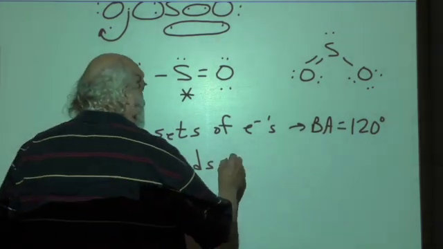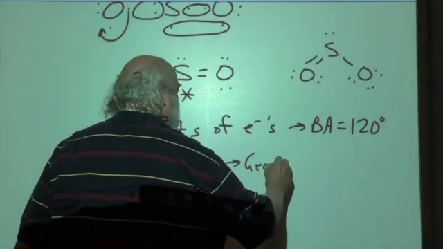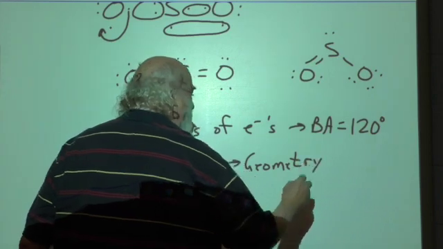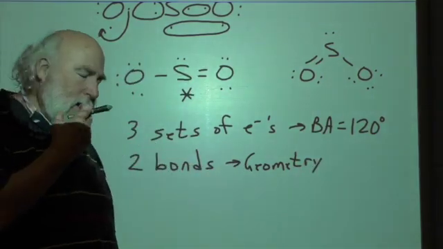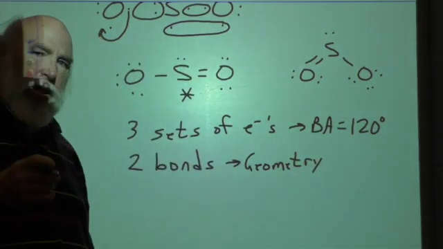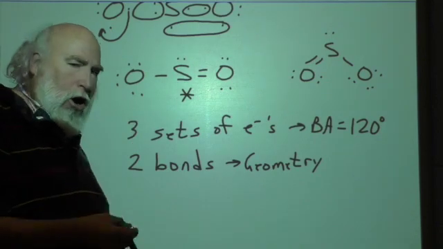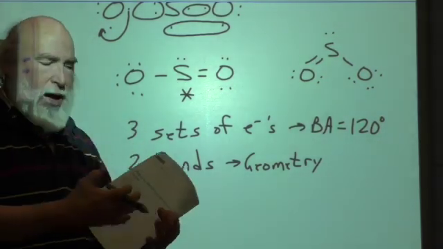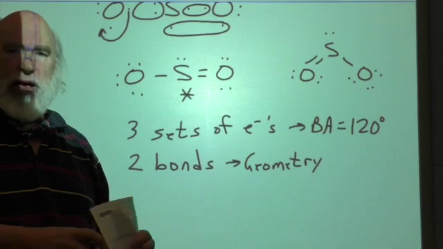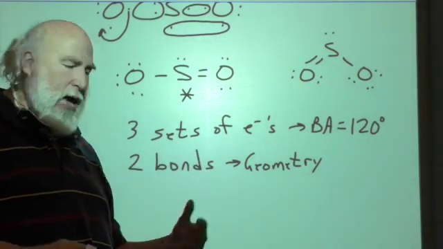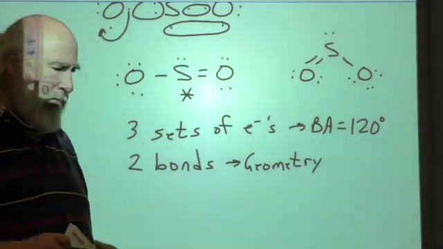So the geometry, now I want you to understand that people are paid a lot of money to be in charge of naming compounds, structures, whatever, in chemistry, both organic and inorganic, and everything in between.